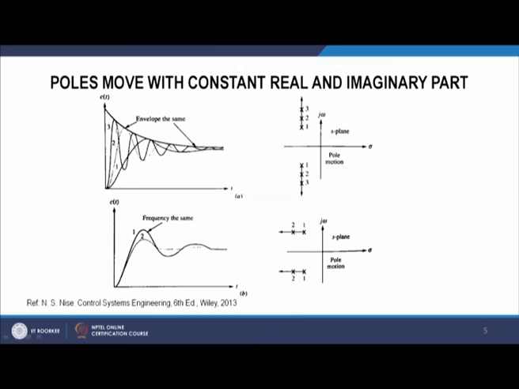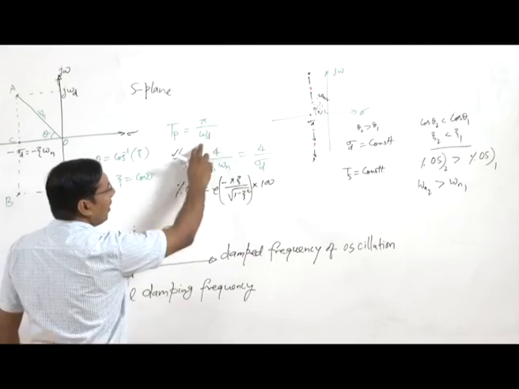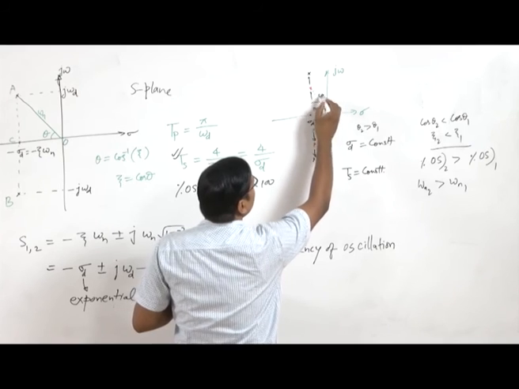However, we can see that the peak time of the third pole position is more than second than first. So peak time is depending on the omega d, and we can see that omega d is increasing.